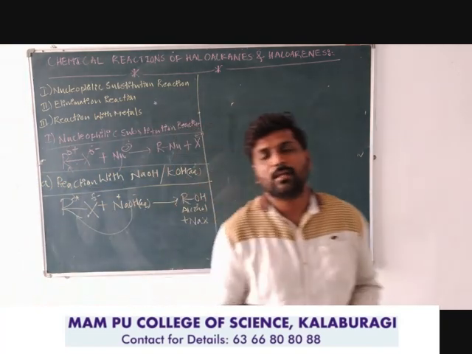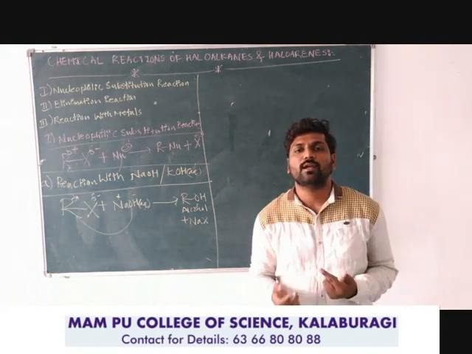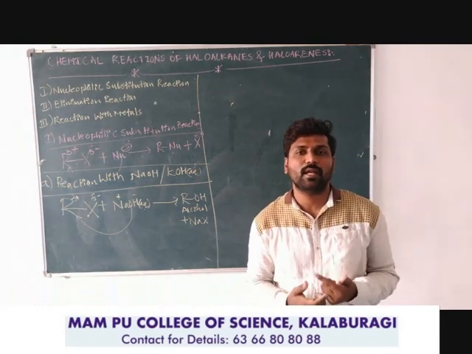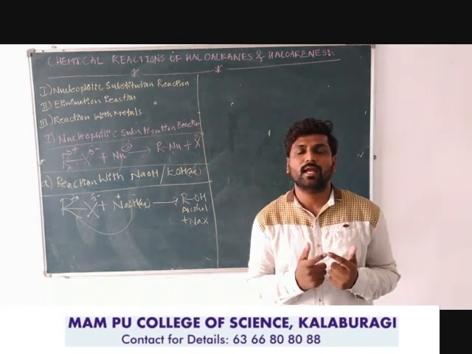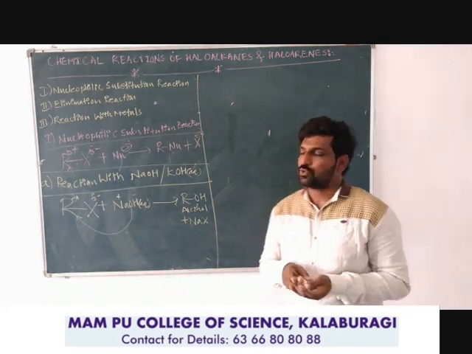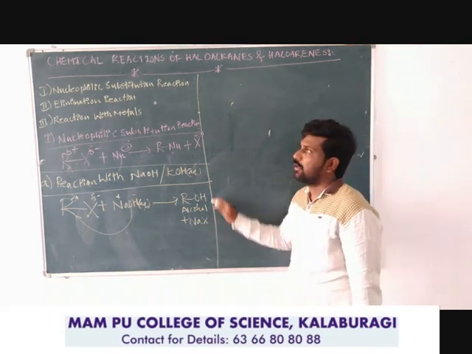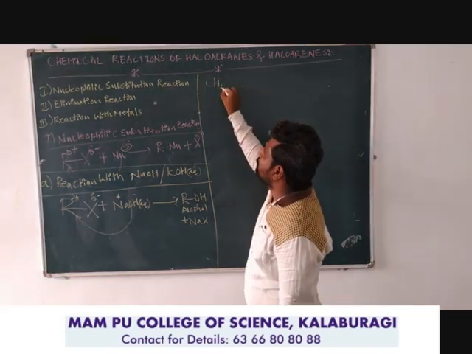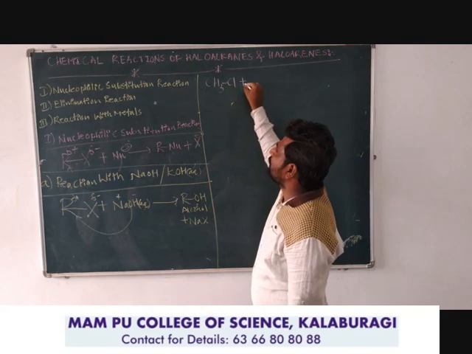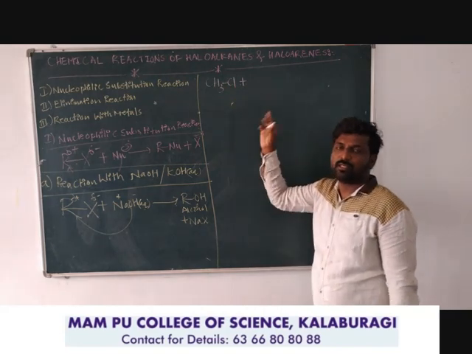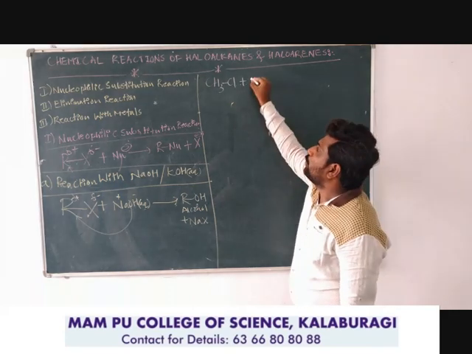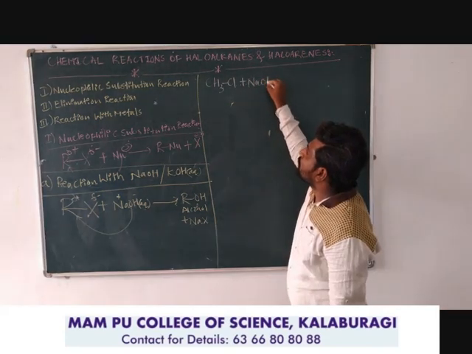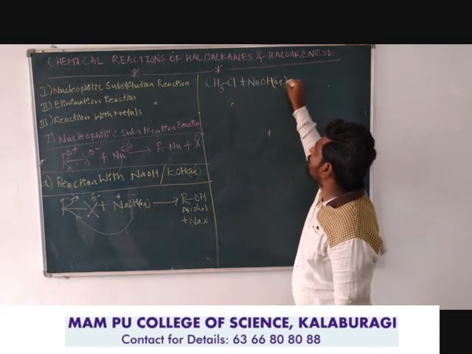See here, when alkyl halide is heated with aqueous sodium hydroxide or aqueous potassium hydroxide, the halogen atom of the alkyl halide is substituted by the OH group. So then we will get the alcohol. For example, take methyl chloride or chloromethane; any alkyl halide you can take, methyl halide, ethyl halide, propyl halide, with aqueous sodium hydroxide or potassium hydroxide.